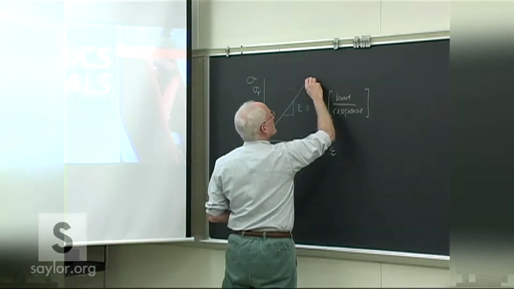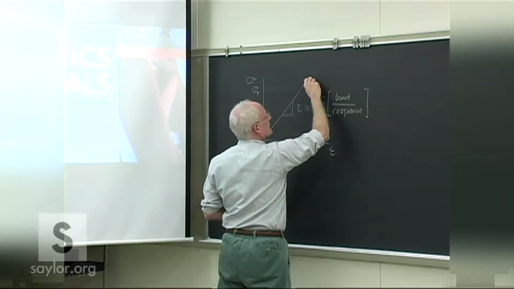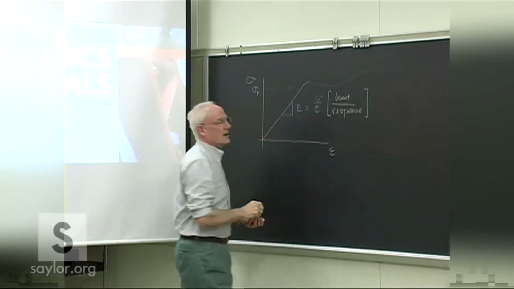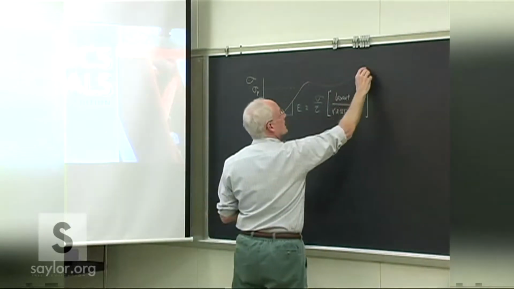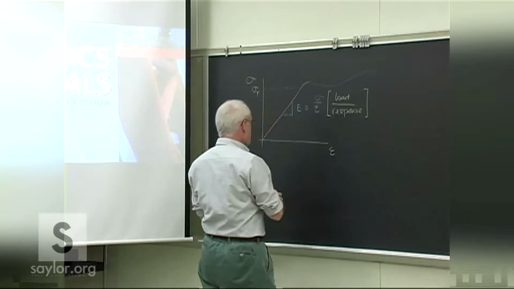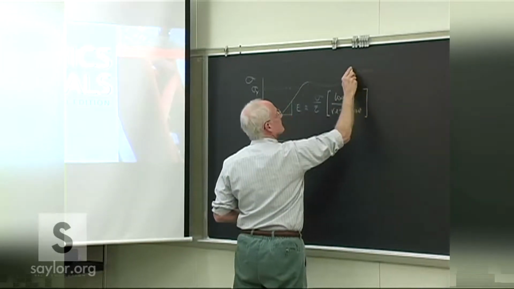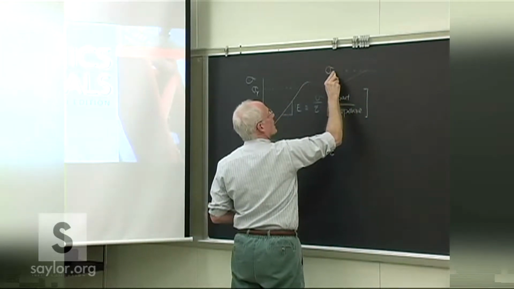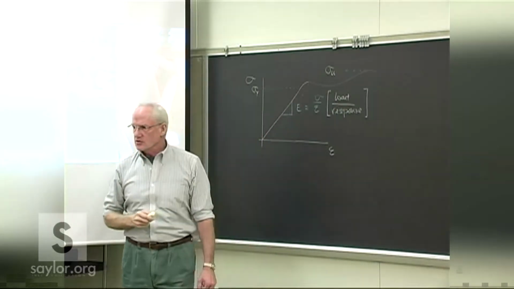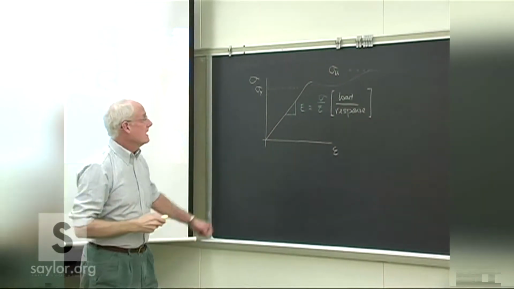The other number that was of some concern, and depends on what kind of curve we've got as to what kind of material we're looking at, was this peak or ultimate stress that's also characteristic of the material.